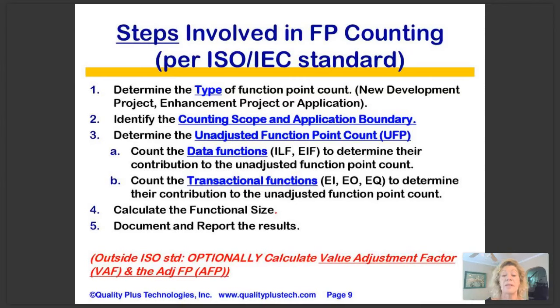So here are the steps that we do if you're going to do a function point count. The first thing is we decide the type of function point count. Are we counting a project? In other words, the function points that we're developing or renovating. And remember, we talked about kind of like a house, the brand new areas. Any enhanced areas would be an enhancement project, and we can have conversion functionality.